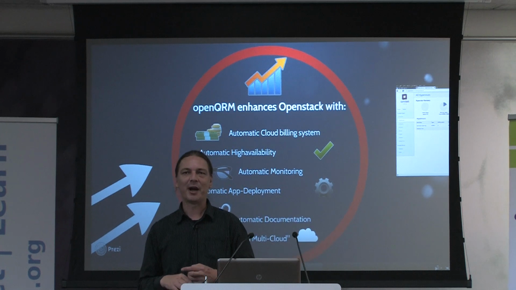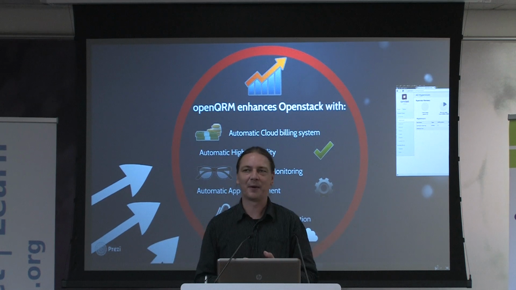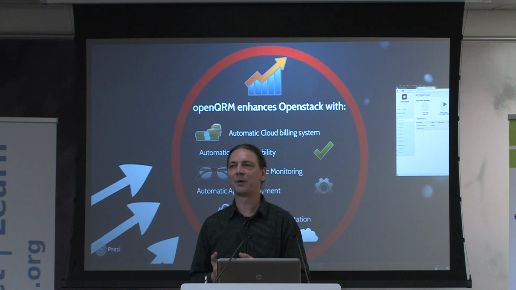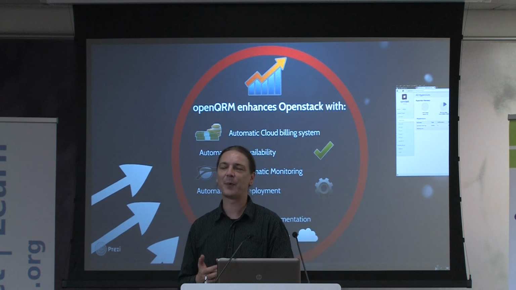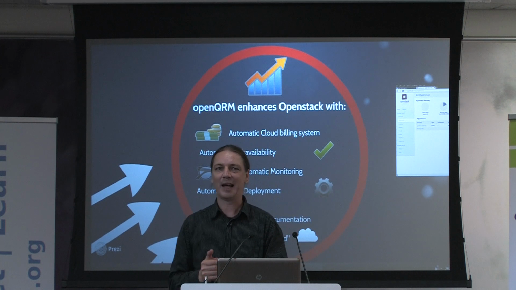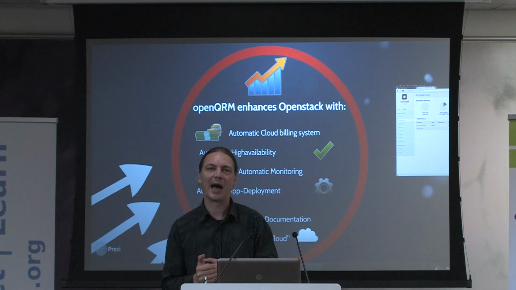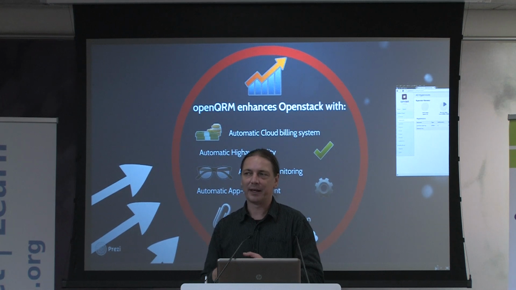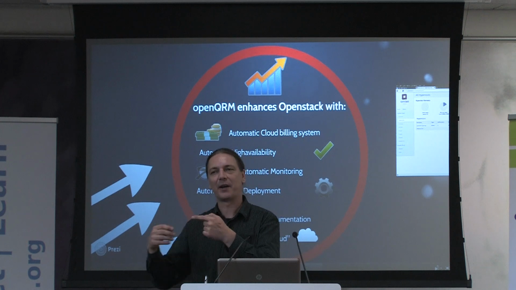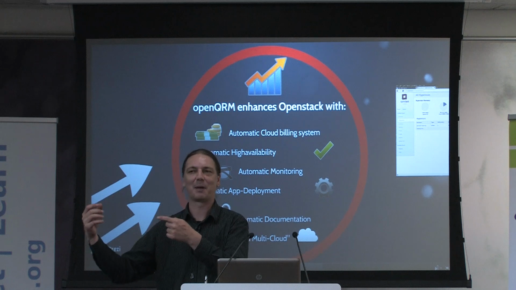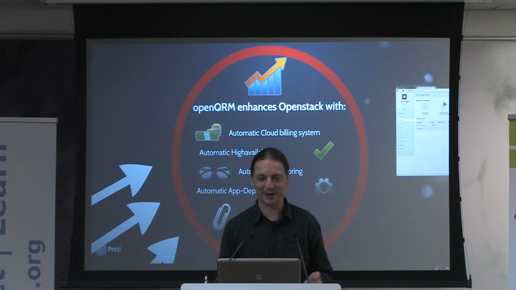So if you have already existing Puppet or Ansible recipes, it's as simple as throwing your existing recipes in a pre-made, automatically created subversion directory from openQRM, and your recipes will automatically become cloud products, where you can set a price for your script. If somebody runs this script, it will cost something for him per hour or whatever you want.